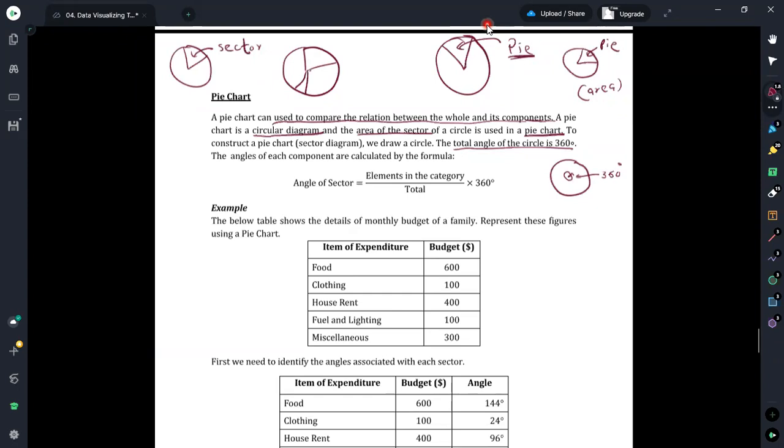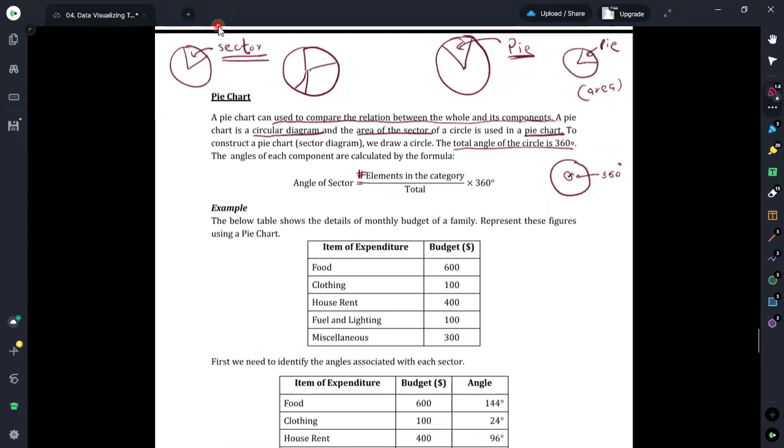And then when we are discussing this pie chart, I told you that we have to identify the sectors accordingly. Rather than calculating the sectors, what we tend to do is find out the angle of the sector. Therefore, the angle which is suitable for each sector is the number of elements in each category divided by the total number of elements considered for the survey, or the total number of elements in the data set, multiplied by 360.